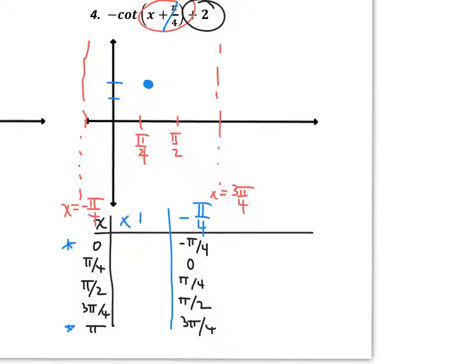It's going to flip, so instead of going down, it's now going to go up. So at 0, what is going to be the y value? 1. At pi over 2, what is going to be the y value? 3. Remember, it's going to be down 1 from 2 and up 1 from 2. And now you've got your graph.